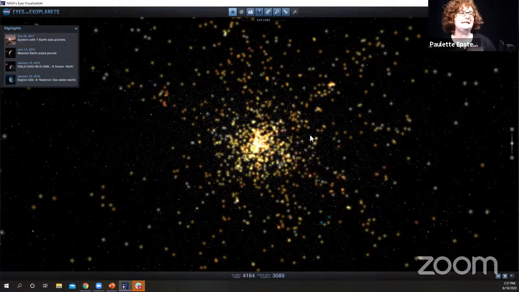What we see here, these brighter stars, are actually stars that have planets around them. So around 3,085 stars, we've been able to find 4,164 planets.